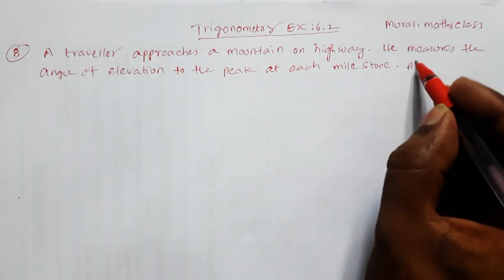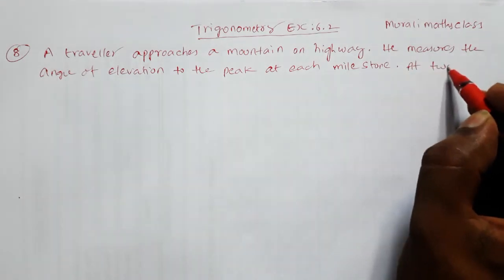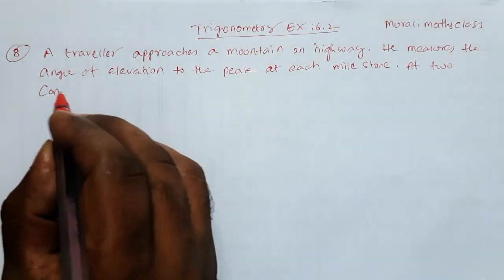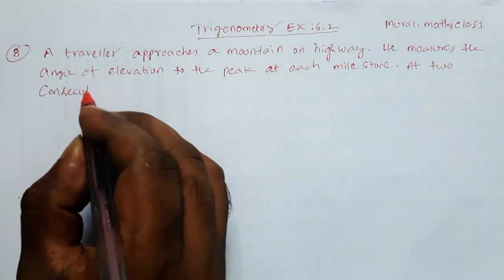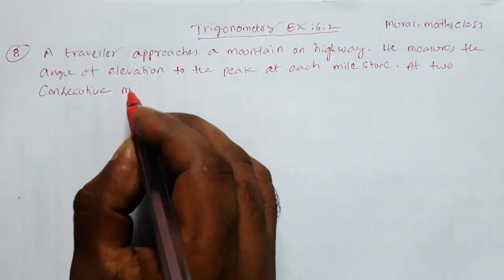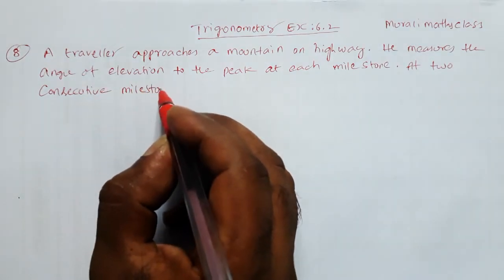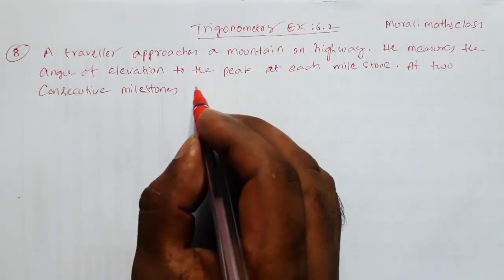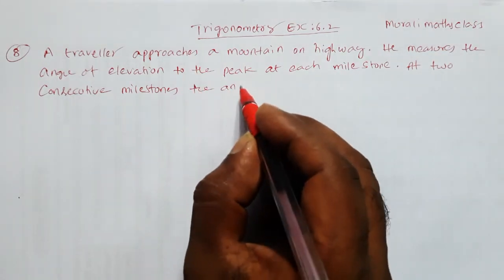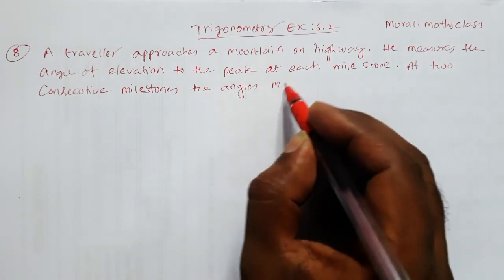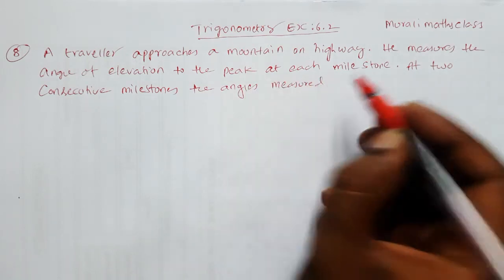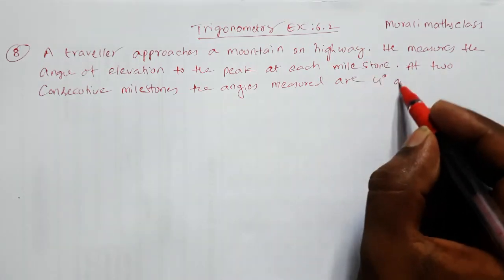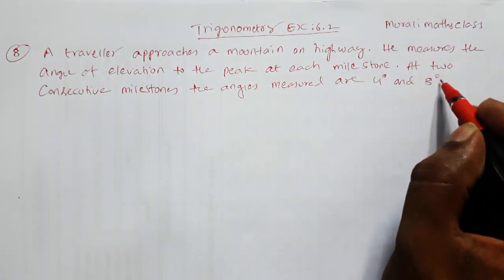At two consecutive milestones, the angles measured are 4 degrees and 8 degrees.